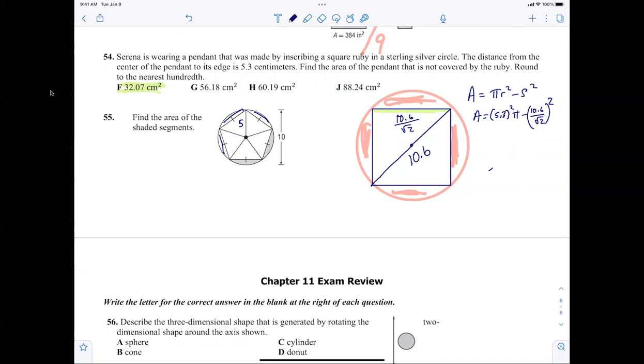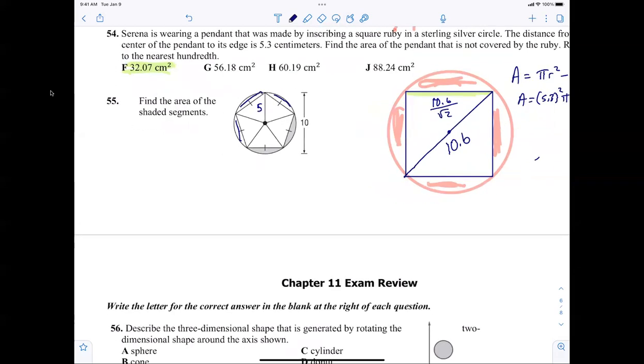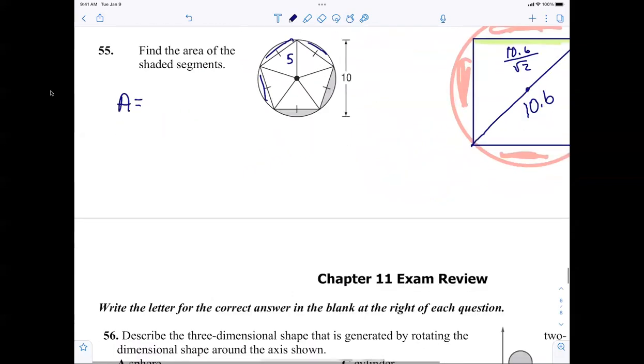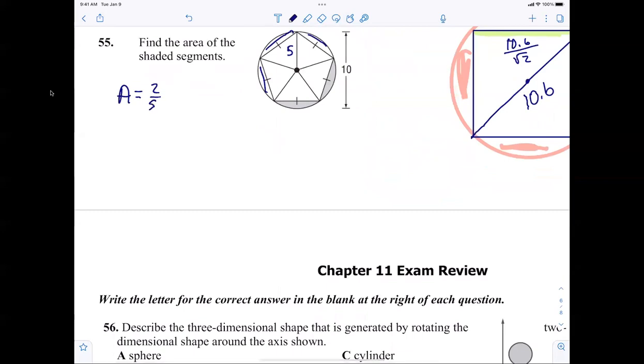But I don't want that whole thing. I just want what? 2 out of what? 2/5. Does everybody agree with that? So to me, it was easy if you just write the formula. Area of that region is 2/5 times the area of the circle minus the area of the pentagon.